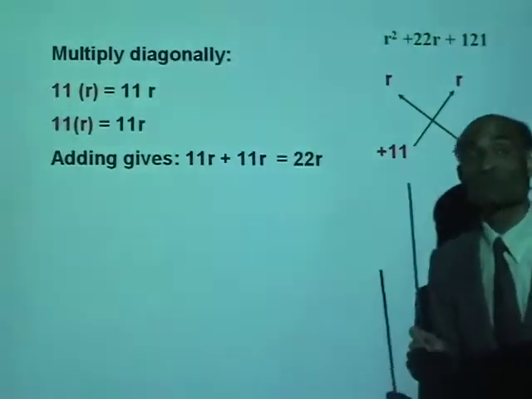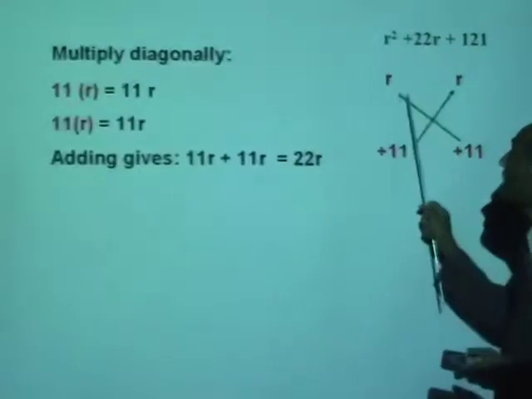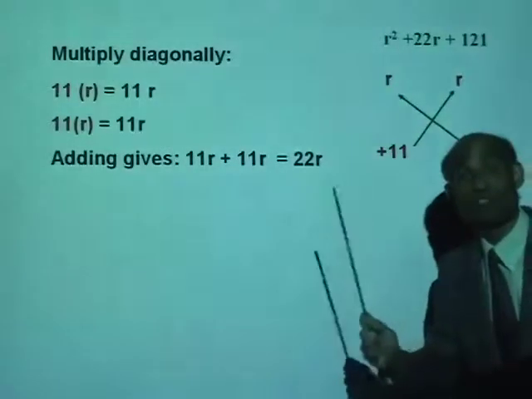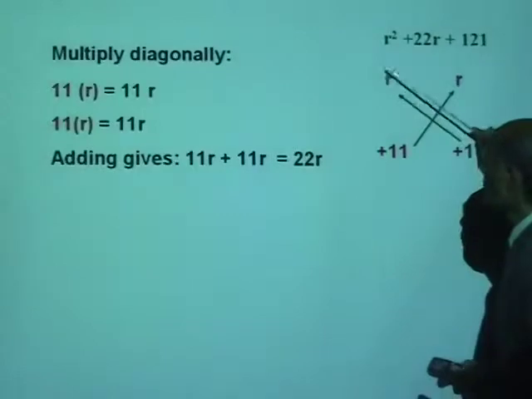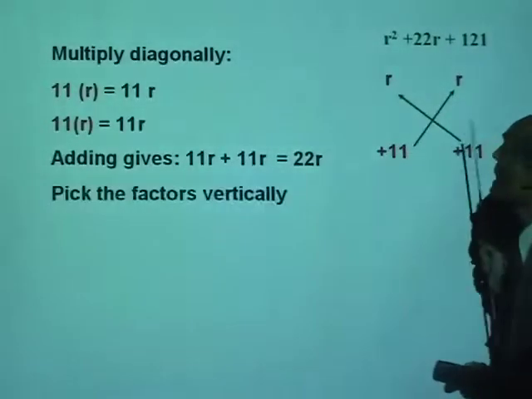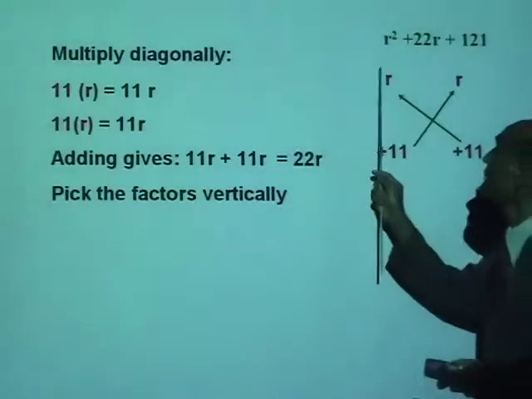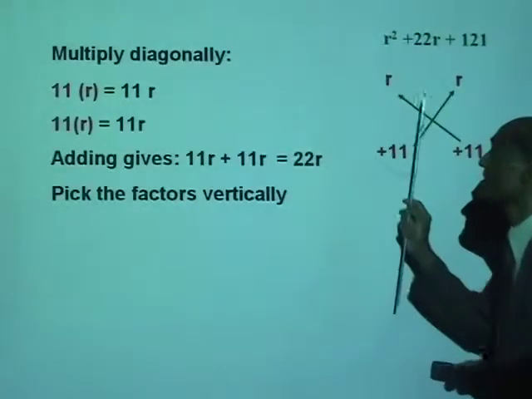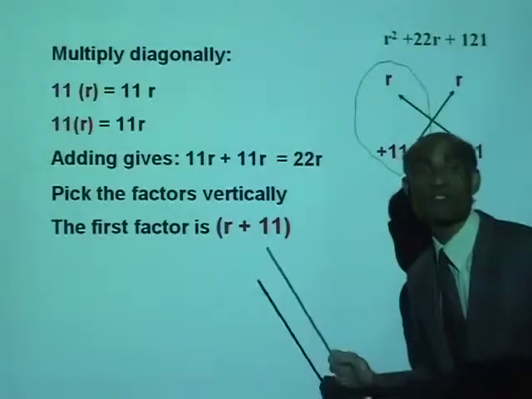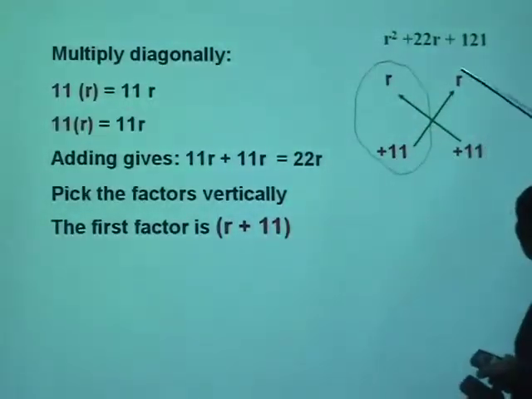Now what does that tell you? It tells you that these are placed in their proper positions. Your factors are therefore picked vertically. How do you now pick your factors? The first factor is r plus 11. What is the second factor?